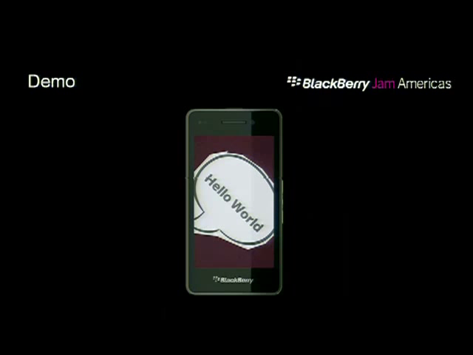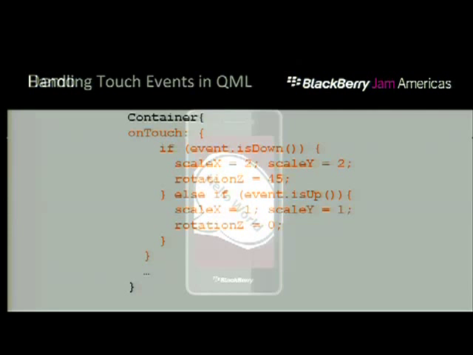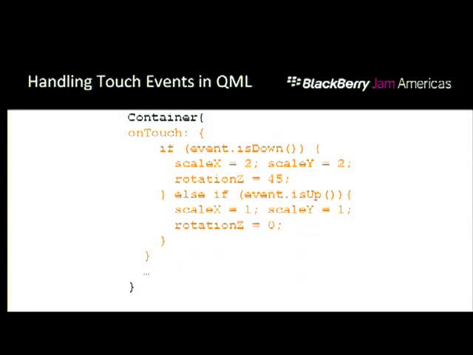So let's have a look at how you do this in QML first up. The way you do this in QML is by adding a signal handler. So the container emits a touch signal, and you can listen to this by adding the onTouch signal handler to the container.